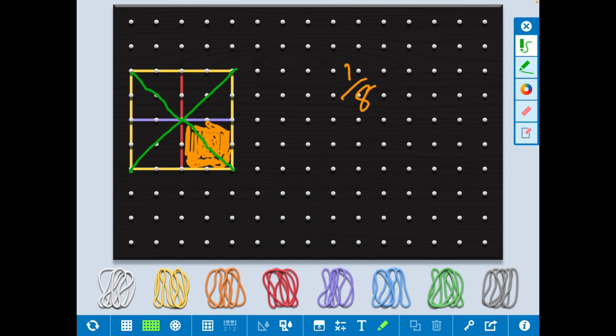So now I know each of the big squares was 1/4, but if I split them all in half again, I've now got 1/8. So by looking at this, I know that that's 1/8. That's 2/8. So 1/4, because remember they were split into fourths, is equal to 2/8.